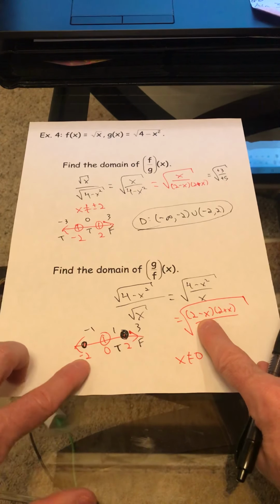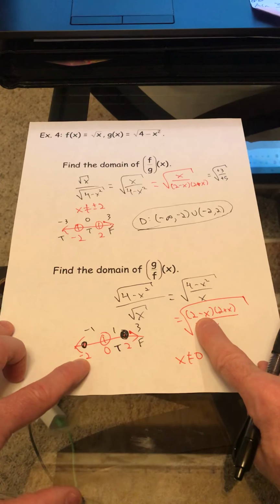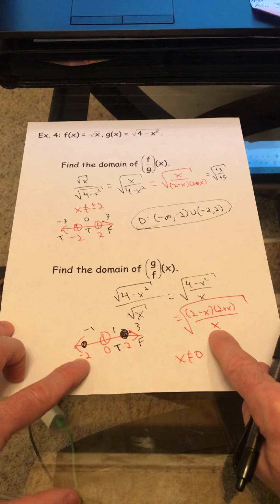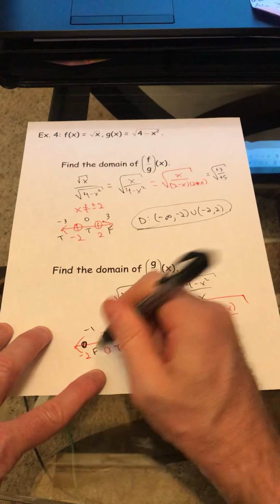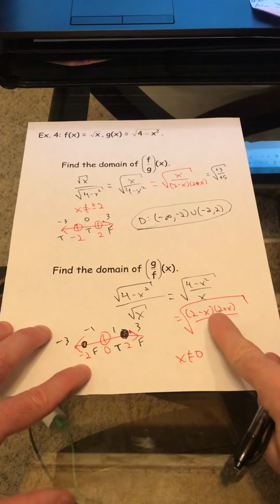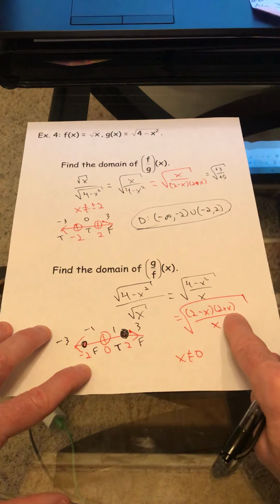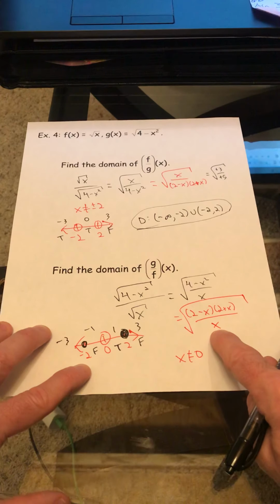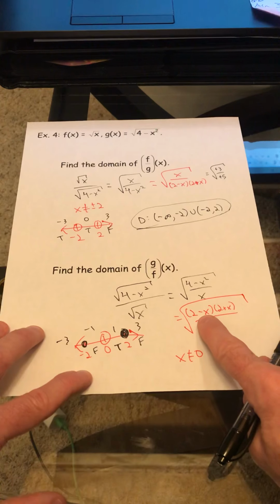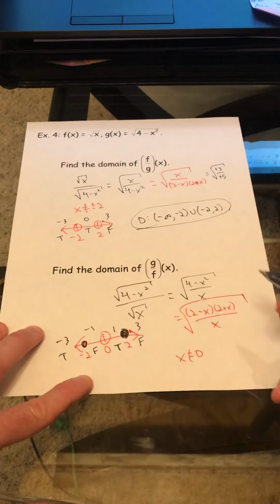If we use a number between 0 and negative 2, like negative 1, you now have a positive over a square root of a negative, so that won't work. If we use something like negative 3, you end up with a positive, a negative over a negative. If you have a negative over a negative, that does go back to a positive.